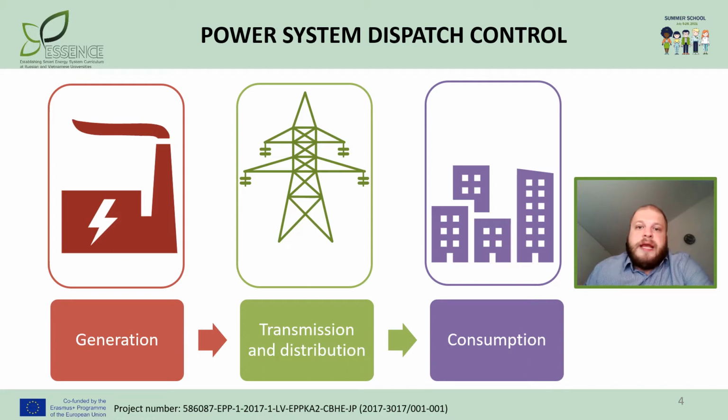The operators are on duty 24 hours a day and 7 days a week to monitor the system operation state, meet the power demands, and maintain the stability and security of the power system.